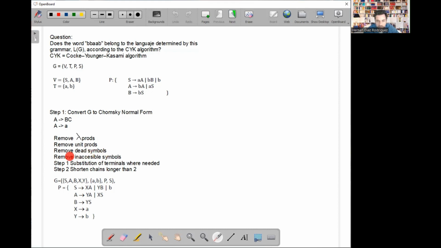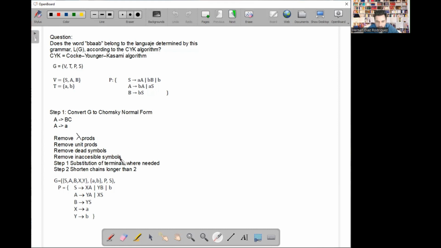The fourth step is to remove inaccessible symbols. Inaccessible symbols are the symbols that we can't reach from the initial state. In this case, as you can see, we can go from the initial state to the variable A and to the variable B, right? We can derive A and B. So we don't have inaccessible symbols.